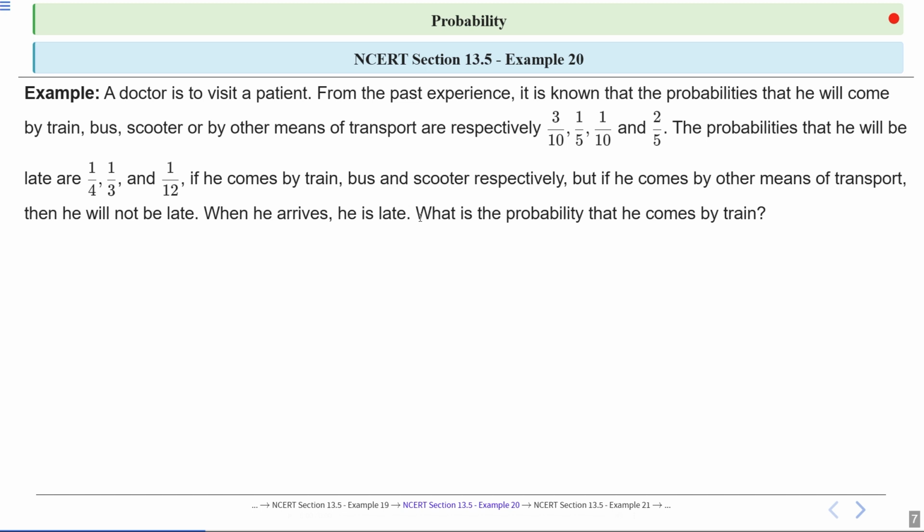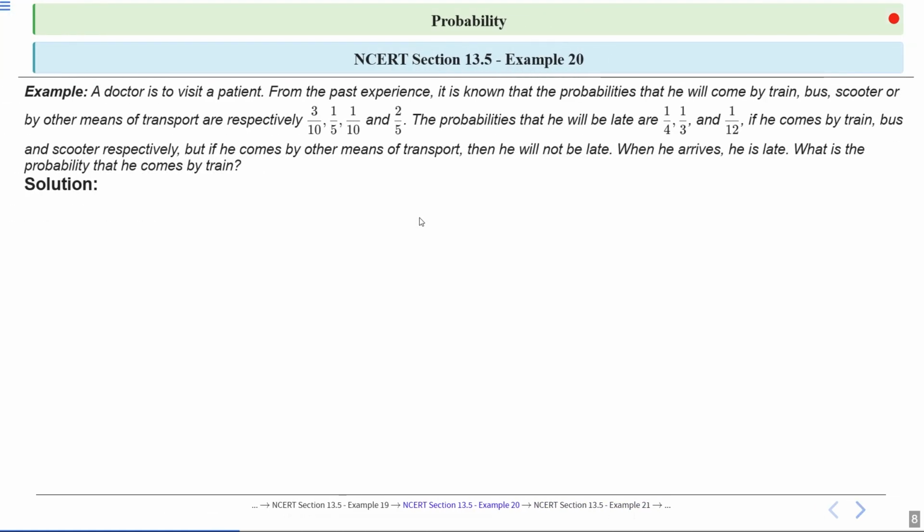The chances of being late are 1 by 4, 1 by 3, and 1 by 12 if he comes by train, bus, and scooter respectively, but if he comes by other means of transport, then he will not be late. When he arrives, he is late. What is the probability that he comes by train? So first of all, try it yourself and then see the solution.